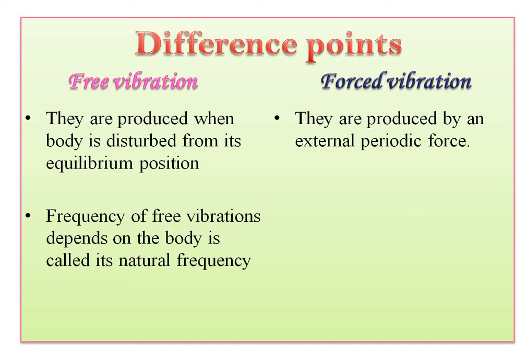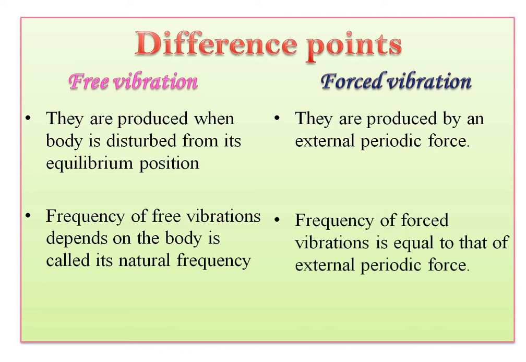Similarly, the frequency of free vibration depends on the body; it is called its natural frequency. And the frequency of forced vibration is equal to that of the external periodic force. Free vibration depends on its natural frequency. Forced vibration depends on the applied external periodic force.